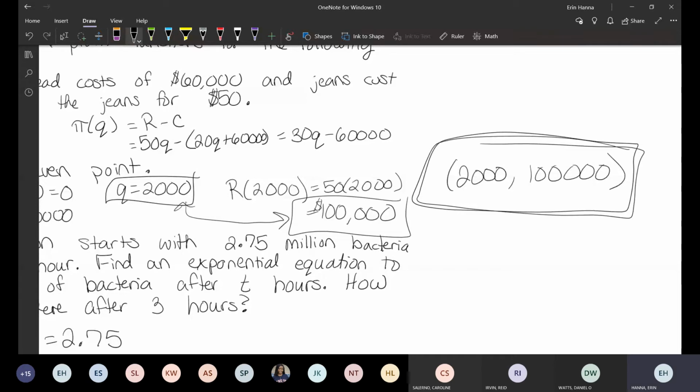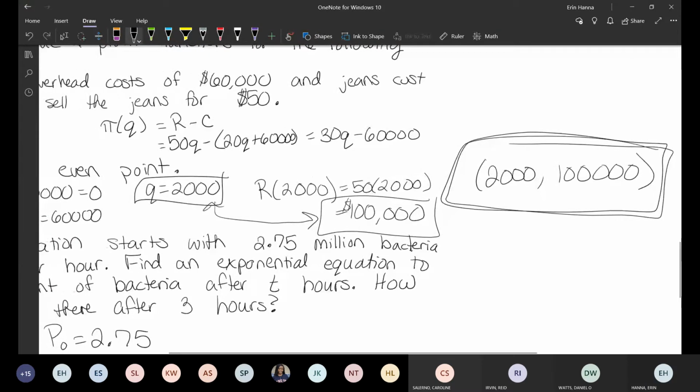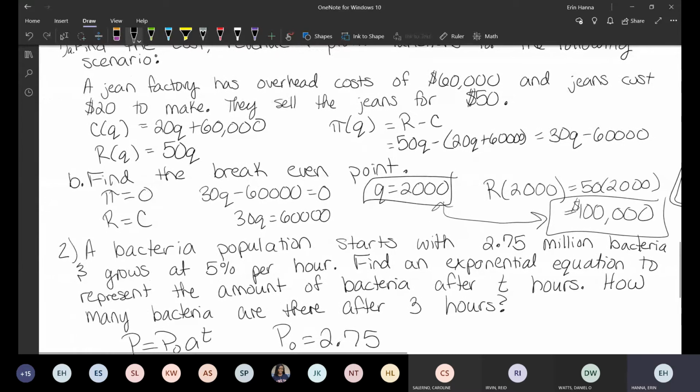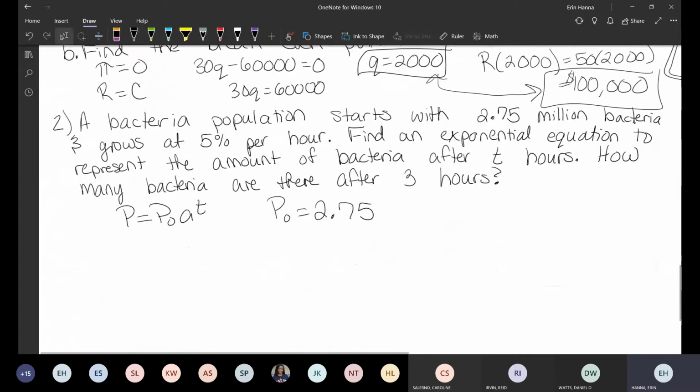But feel free to just keep them as separate values if you wish. Whatever makes you happier. Okay, so the initial value is our 2.75 million.